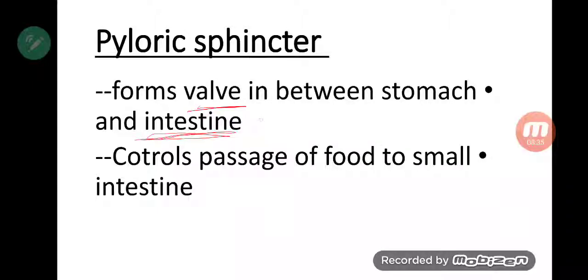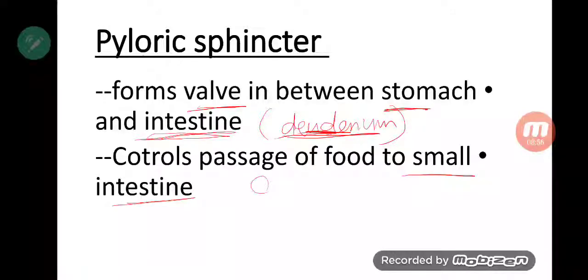The first part of the intestine is called the duodenum. So the pyloric sphincter is the connection between the duodenum and the stomach. It controls the passage of food to the small intestine. The small intestine has three parts: duodenum, jejunum, and ileum.